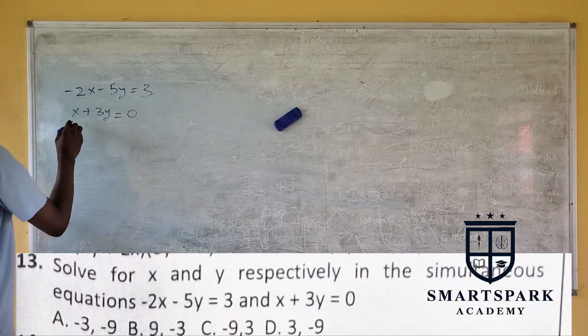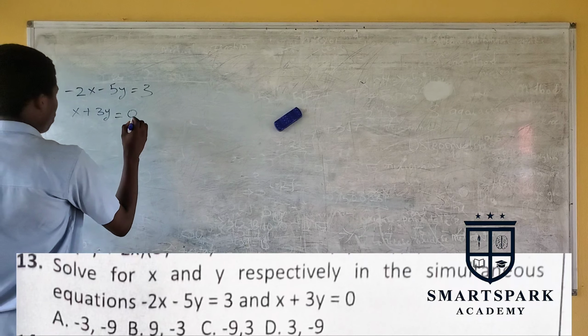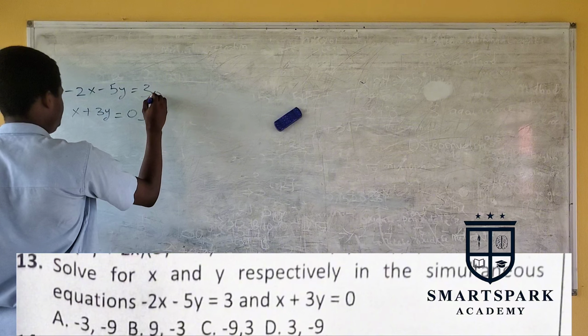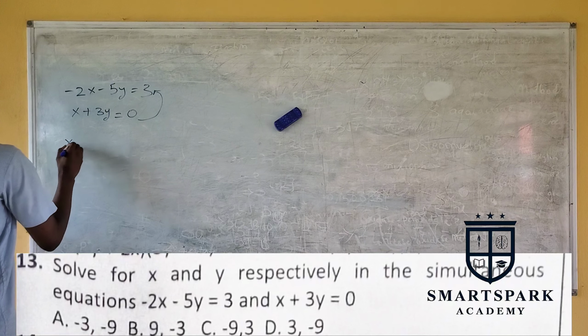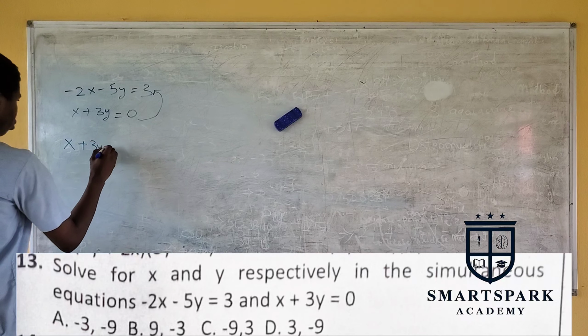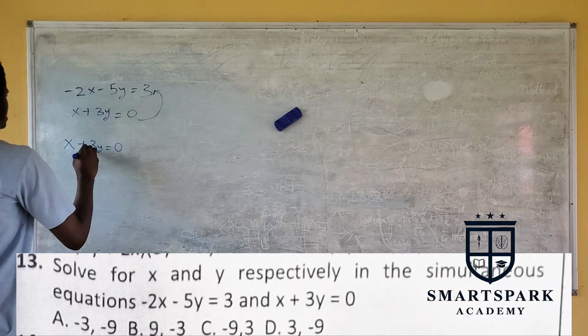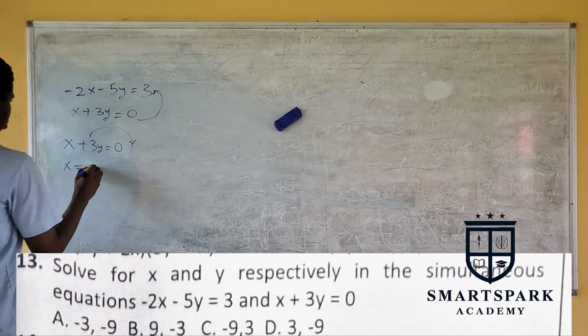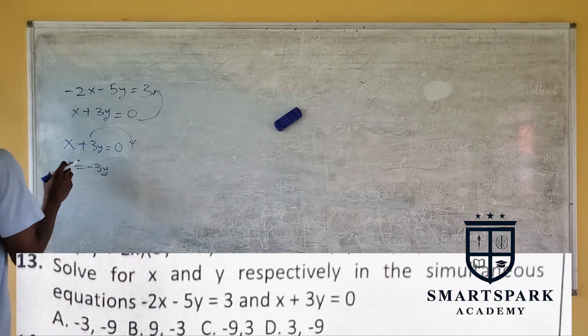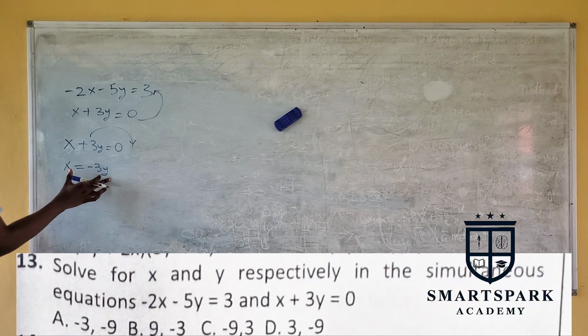Now we are going to make x the subject of the formula, and then substitute it back into the other equation. From x plus 3y equals 0, we move the 3y to the other side, making x equals minus 3y.